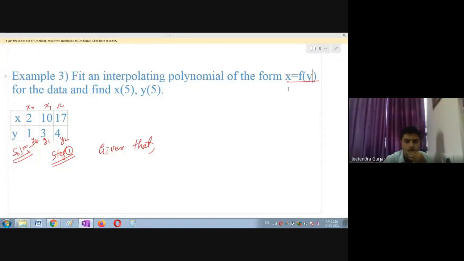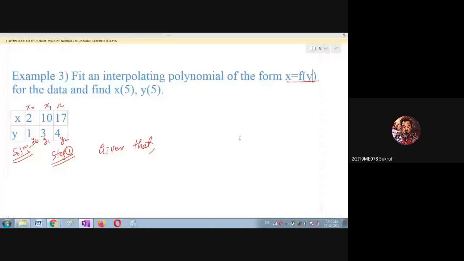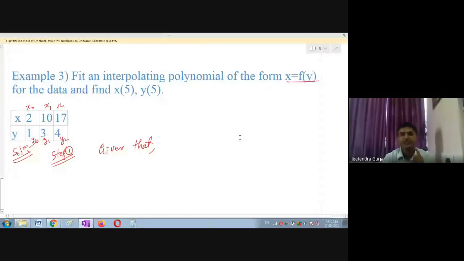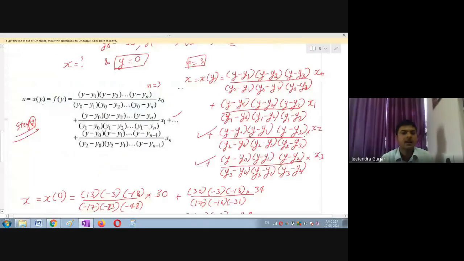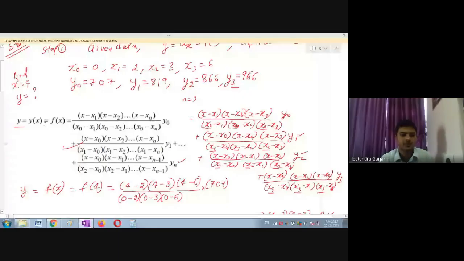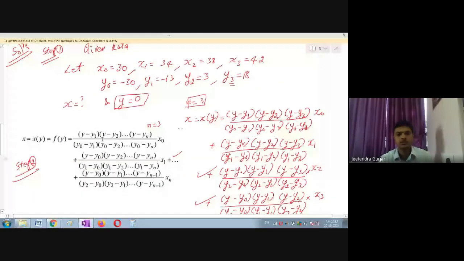Please think. Anyone, please think and tell me. Inverse. Right, excellent. It must strike in your mind that this is inverse, because I already told you why: x is equal to x of y means this is inverse, and Lagrange's interpolation will be y is equal to y of x.